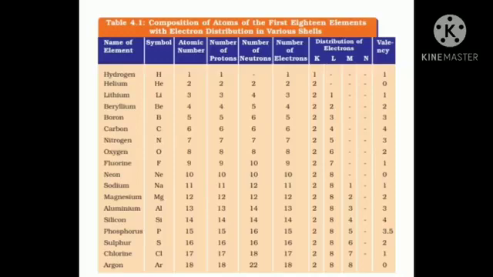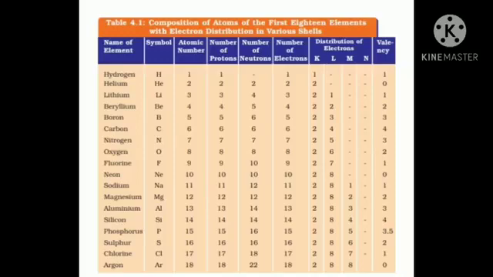Phosphorus, symbol P, atomic number 15. So the number of protons and electrons is 15. The neutrons are 16. Distribution of electrons 2, 8, 5. So the number of electrons in the outermost shell, that is the valence shell, is 5.